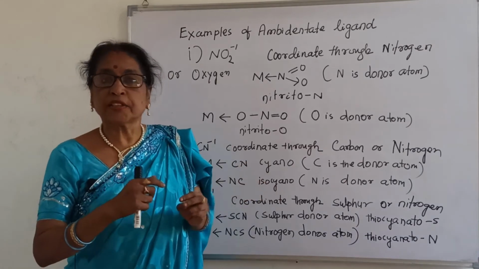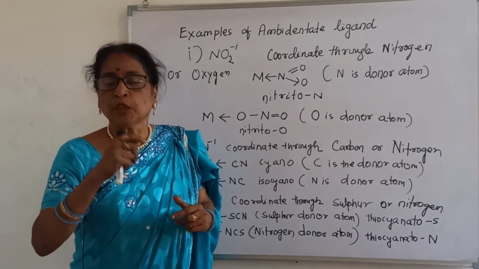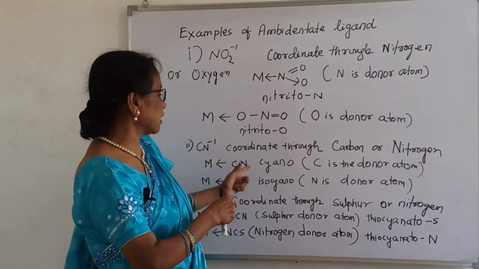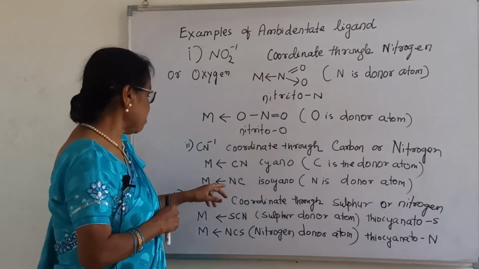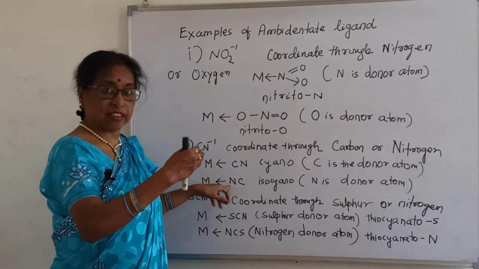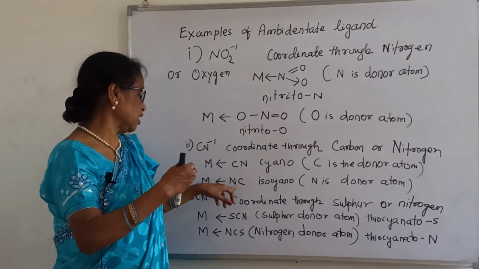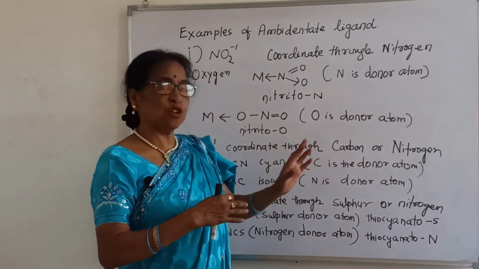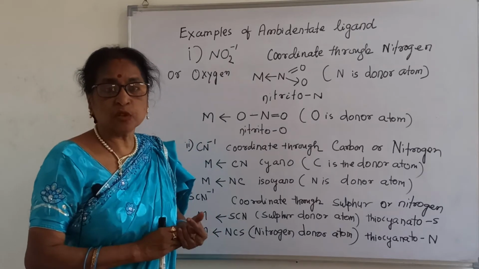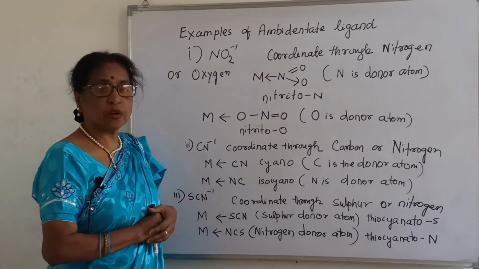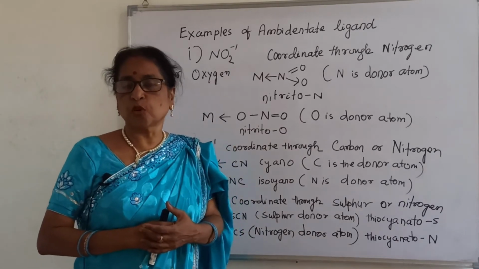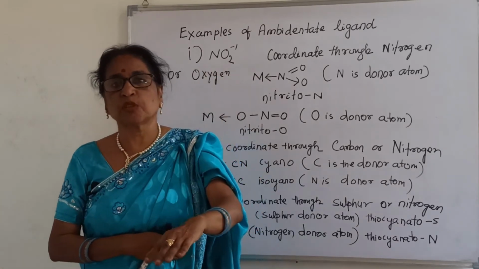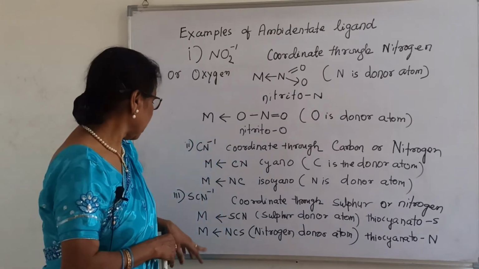If I say cyano group, you should remember that carbon is bound to the central metal atom. If I say NC, nitrogen is towards the central metal atom and N is the donor atom. Then the name is isocyano. If I say isocyano group, you should say NC minus 1, with nitrogen attached to the central metal atom.